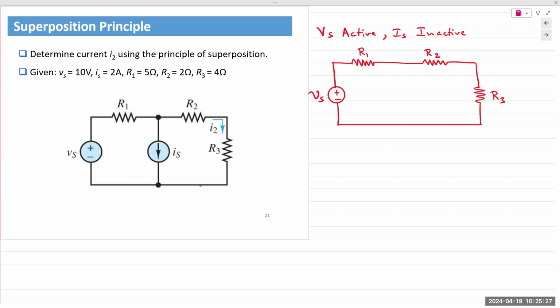This is Vs. Let's write down the values here. So 10 volts, 2 amps, 5 ohms, 2 ohms, and 4 ohms.